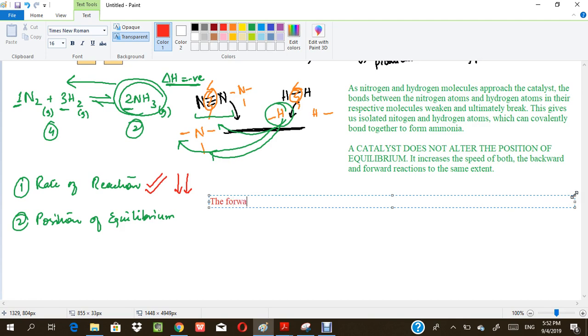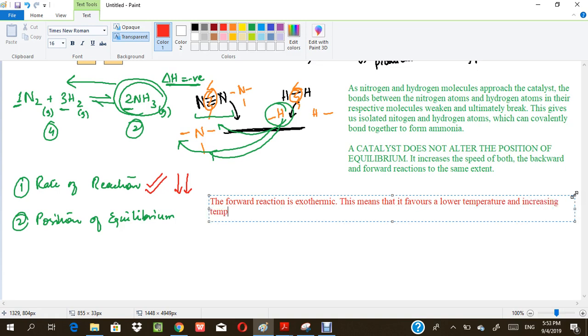The forward reaction is exothermic. This means that it favors a lower temperature, and increasing temperatures causes the reverse reaction to be favored.